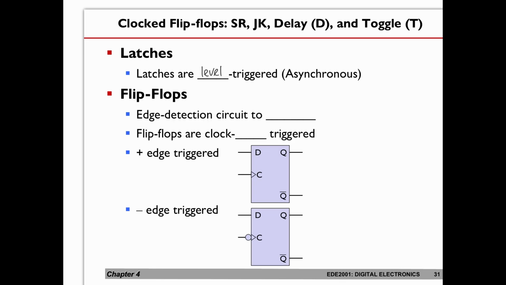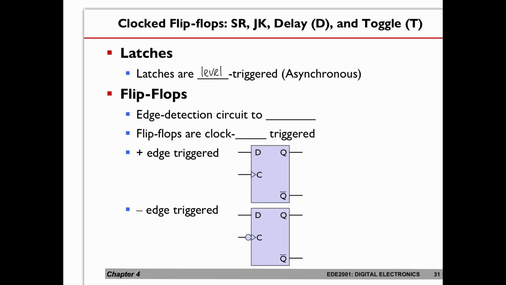Then when reset goes to a 1, when set is a 0, then you reset your latch. It is level triggered and asynchronous, which means it can happen anytime. So when reset is 0 and set is 1, then once past the propagation delay, your output will change accordingly, and this can happen anytime.